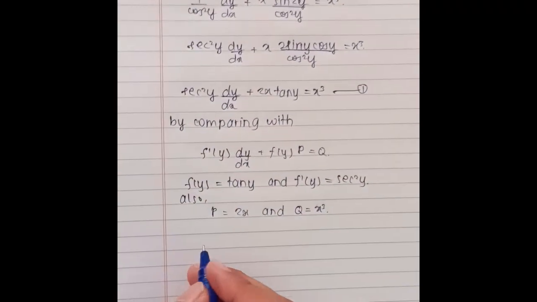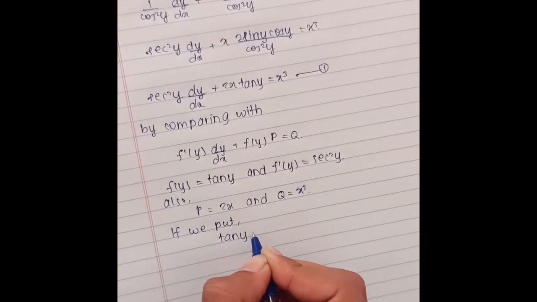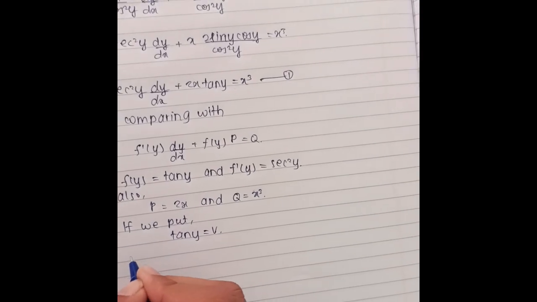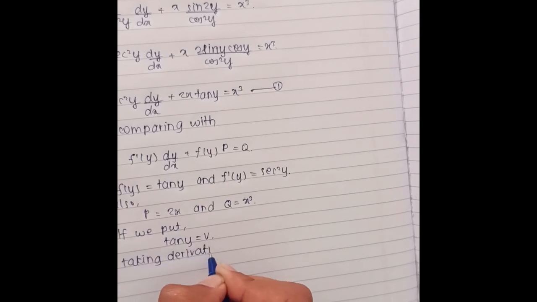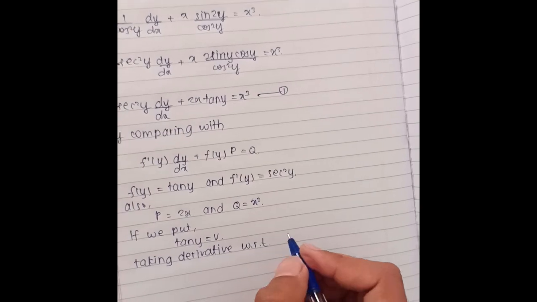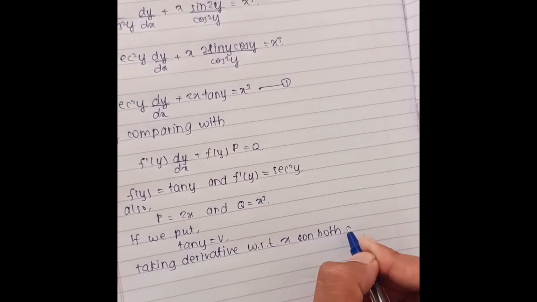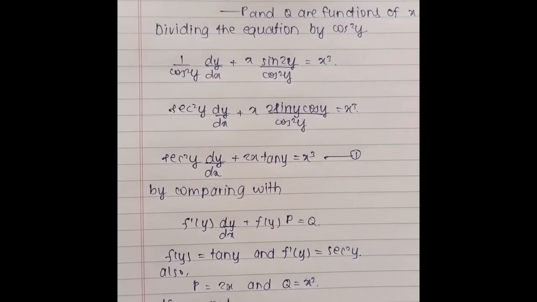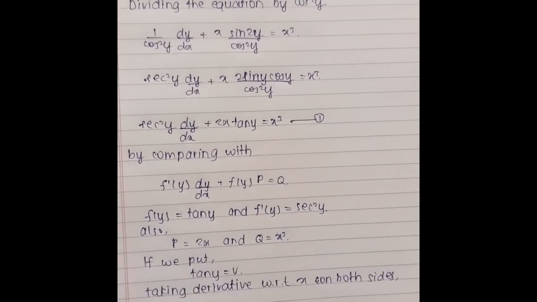Hence, if we put tan of y is equal to v, then by taking the derivative with respect to x on both sides, we will get secant square y dy by dx is equal to dv by dx.